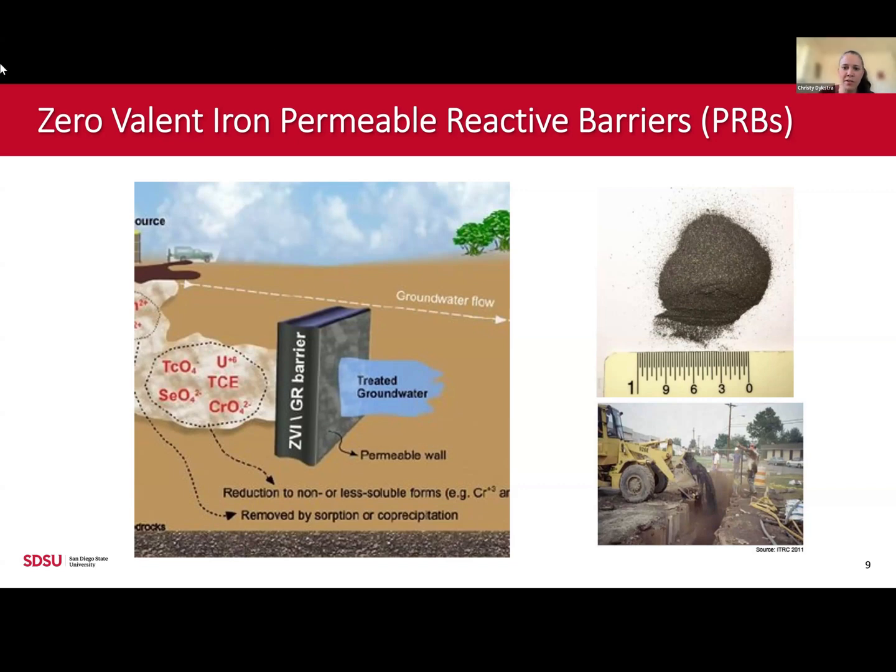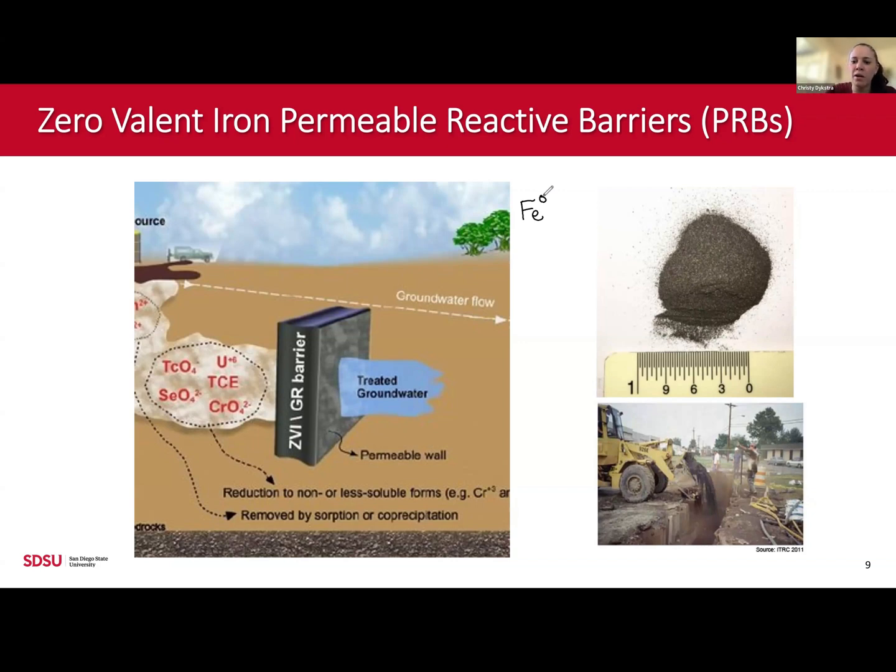And so how does our ZVI do this? Well, it is a really interesting type of reaction that happens. I'm going to try to draw it for you. In the subsurface, or in oxygen-deprived reducing environments, zero valent iron, which is really just Fe0, metallic iron, undergoes what we call anaerobic corrosion, meaning it's a corrosion process that doesn't need oxygen.